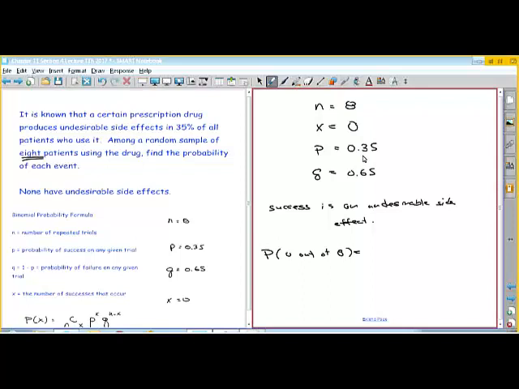And also one of the exponents is going to be 0. And the formula's down here if you forgot what it is.